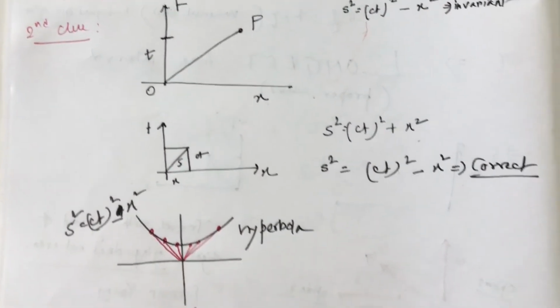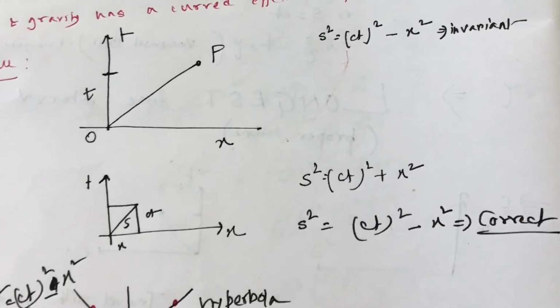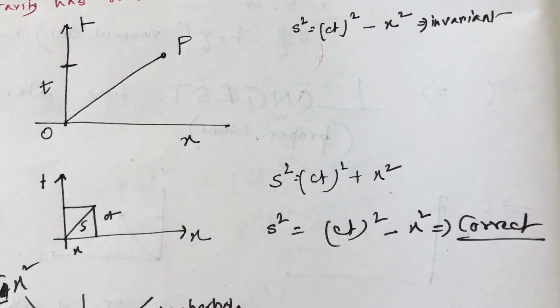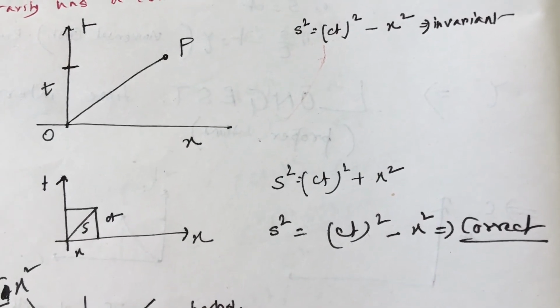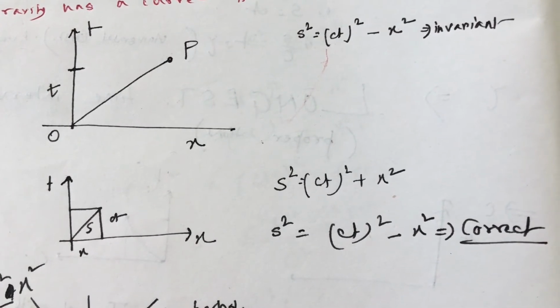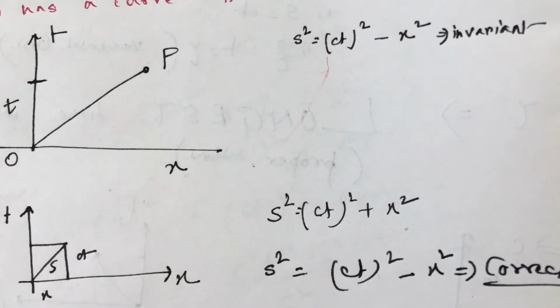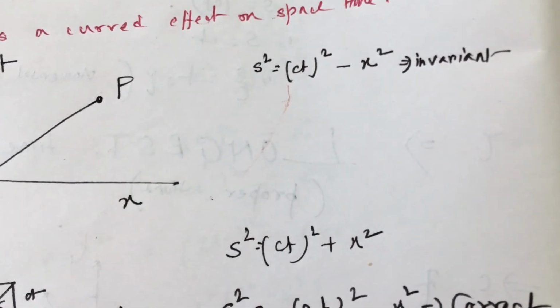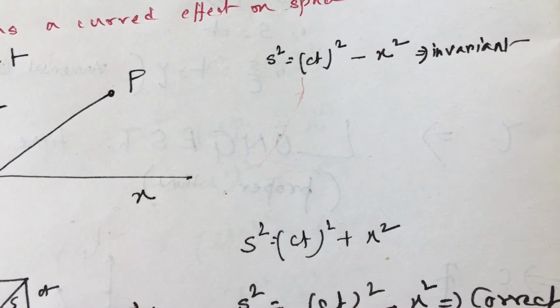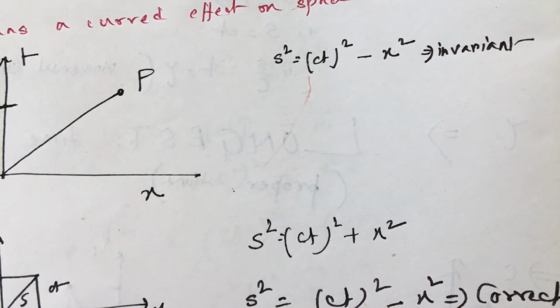Now let's think about this universal quantity s square. We already have shown that s square is an invariant quantity. No matter in which reference frame we are standing, we know that s square, which is ct whole square minus x square, is independent of the reference frame in which we are calculating it.